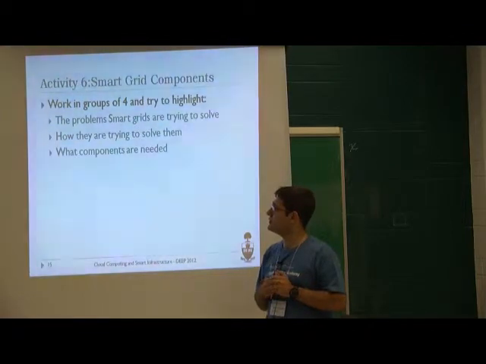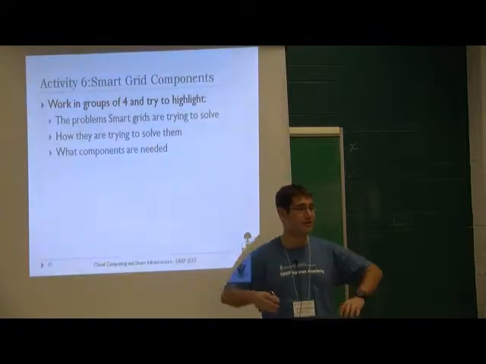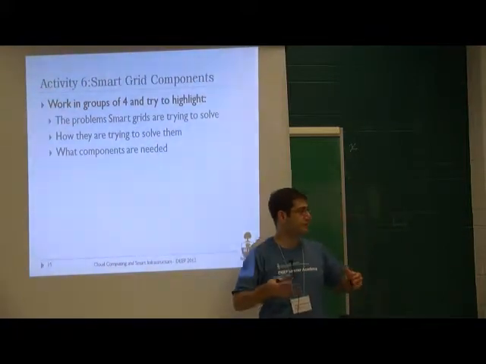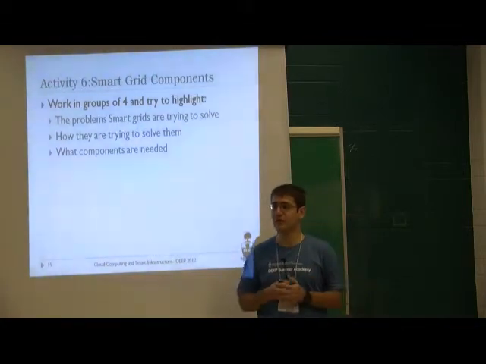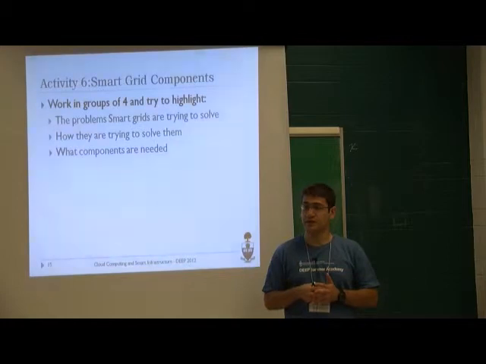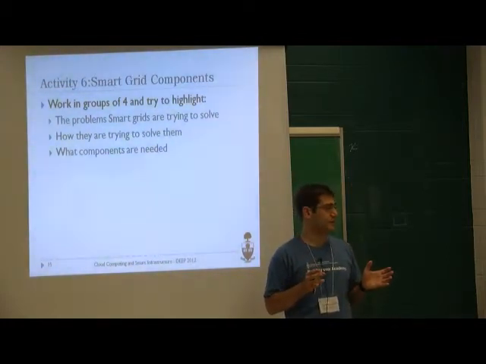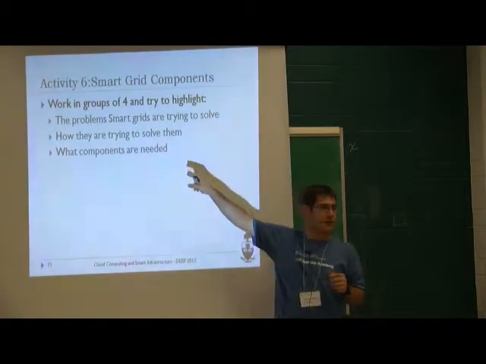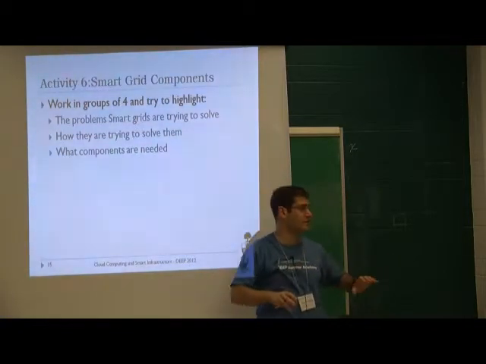You have 40 minutes for this. Okay? So you're going to come up with everything you need to know about smart grids, and then we're going to discuss it like yesterday and go through the details of what you have. Any questions before you start? If you just think about, for example, the last part, that should take you at least 20 minutes: the different components that you have.